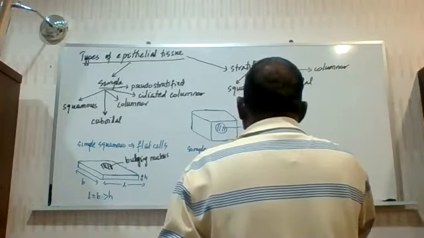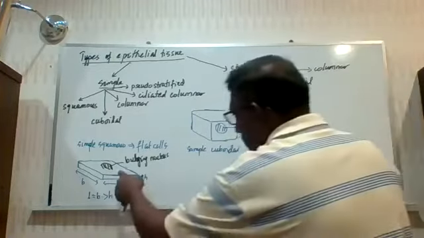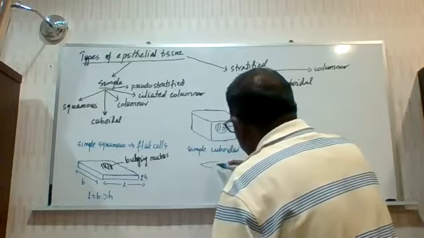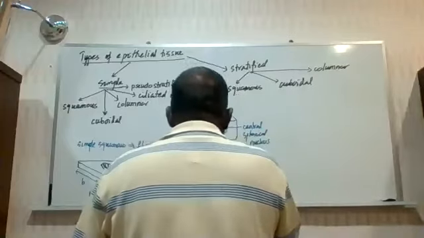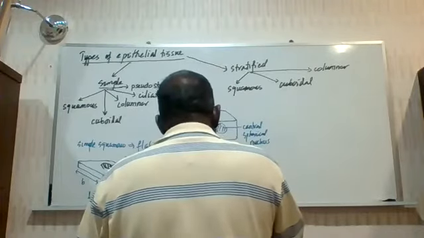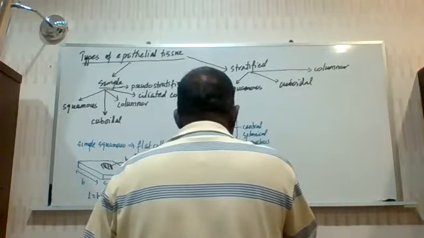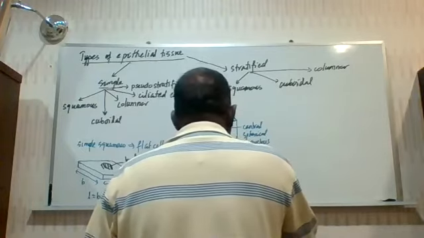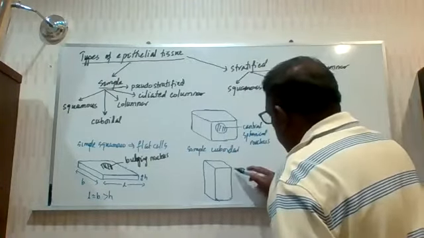Now, let's come to simple columnar cells. You have a smaller length and a smaller breadth, and a long height.